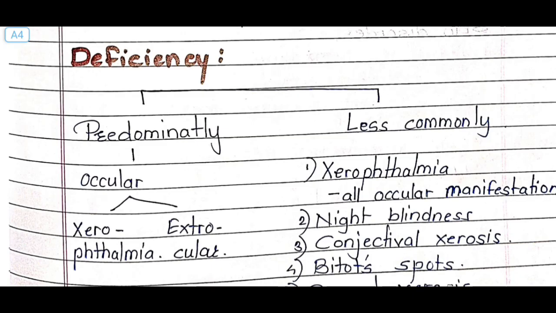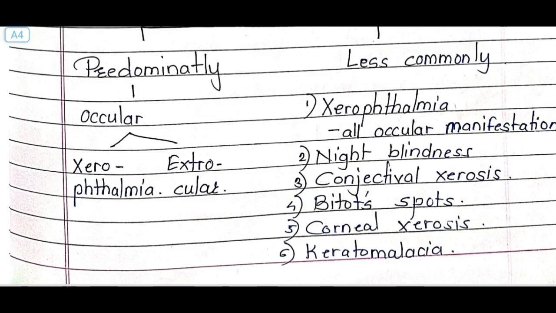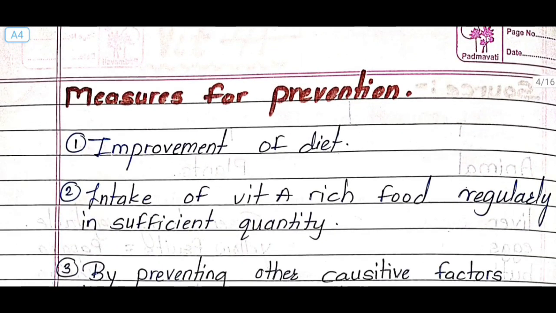Commonly, it is predominantly ocular, which is xerophthalmia, and less commonly extraocular. The ocular manifestations are night blindness, conjunctival xerosis, Bitot's spots, corneal xerosis, keratomalacia. These are the diseases.